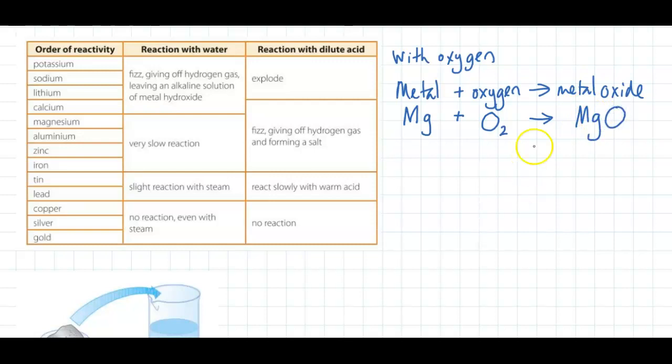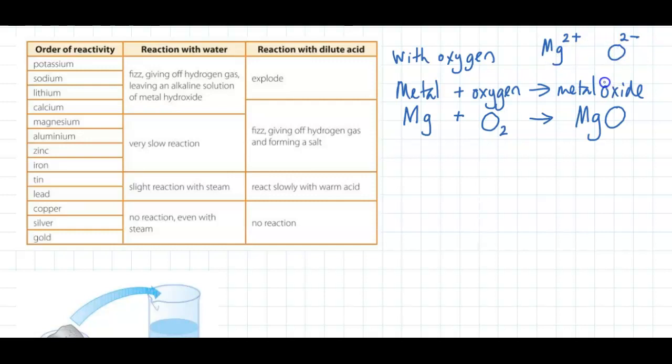Okay. Remember that that formula, MgO, is that ratio because magnesium is in group 2. So it makes an ion which is 2+, and oxygen is in group 6, so it makes an ion that is 2-.